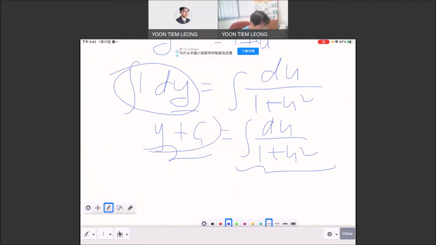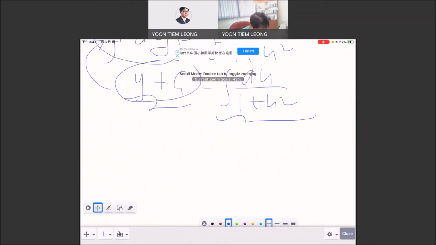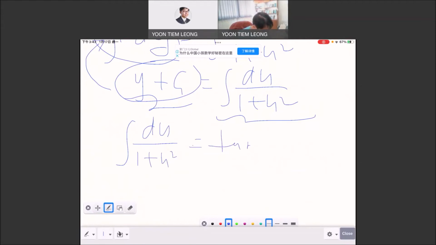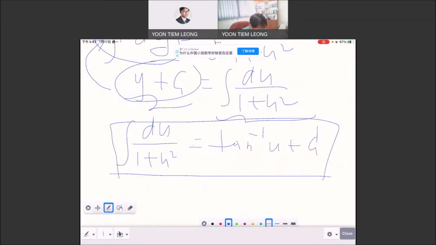So when you differentiate this, you get back 1. So that is, by definition, the antiderivative of 1 with the variable y. So that would then give you a very simple relationship that says the integral of du over 1 plus u squared is equal to arctangent of u plus constant, right? So this is the relationship in terms of u.